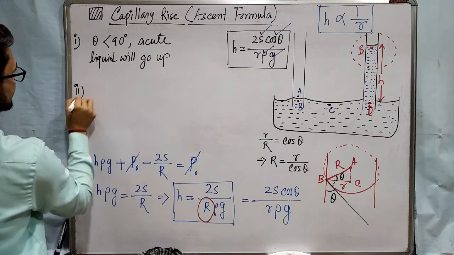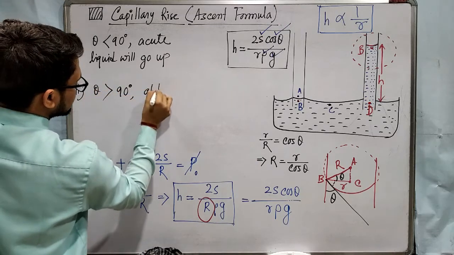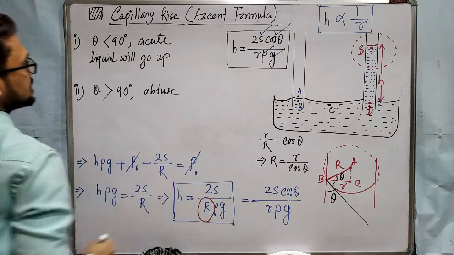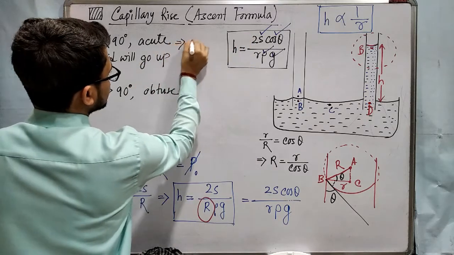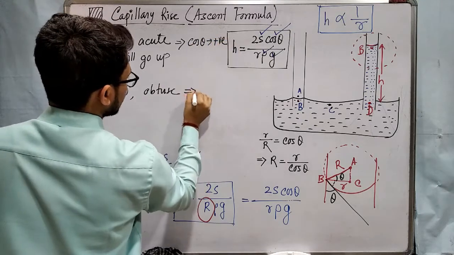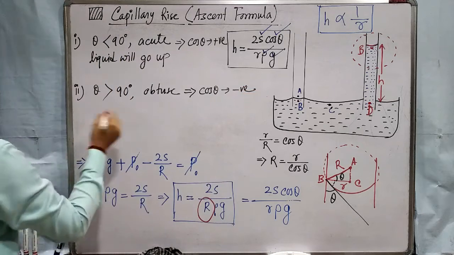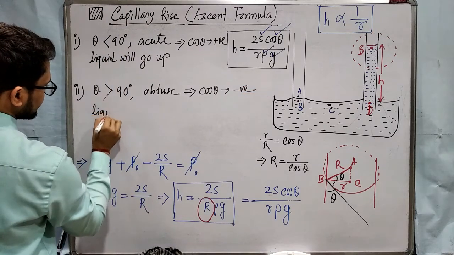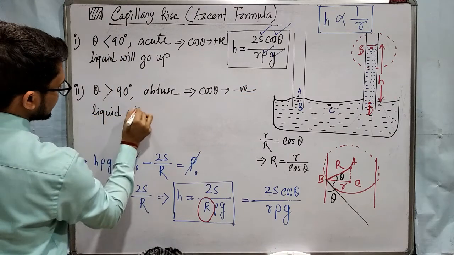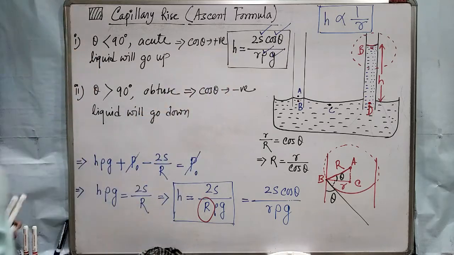Second, if theta is greater than 90, that means obtuse, cos theta will be negative. Here cos theta will be positive. In this case cos theta will be negative. So in this case liquid will go down by that height h.